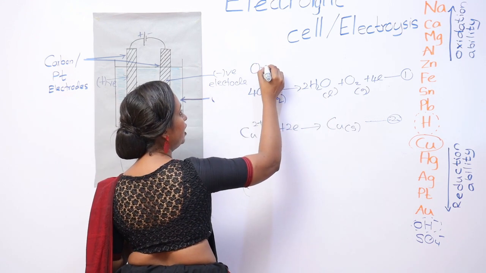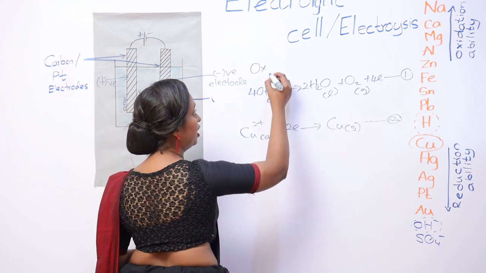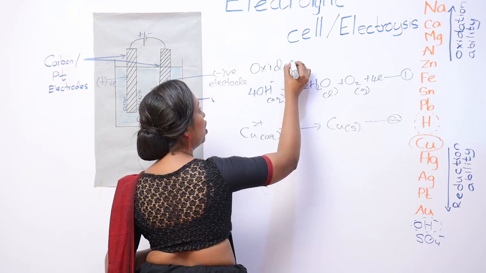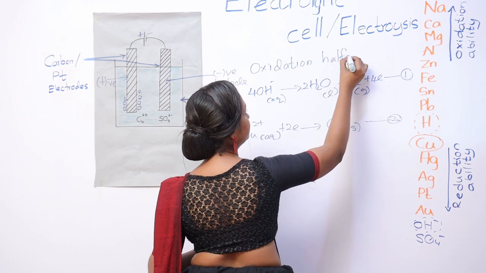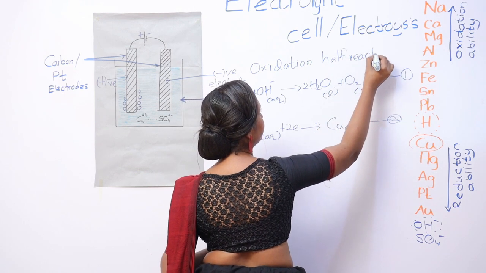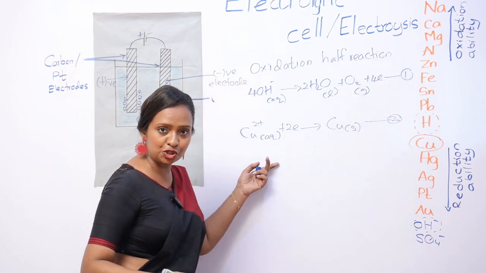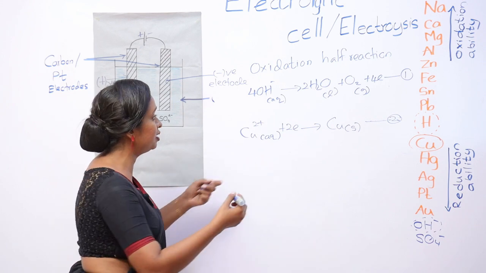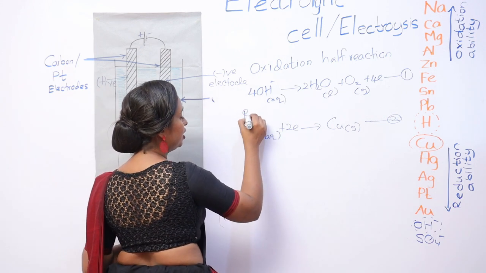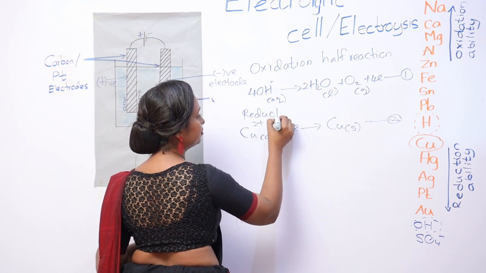Therefore we call it, removing electron is known as oxidation. Oxidation half reaction. Here copper 2 plus gaining electrons. Gaining means reduction. So this is the reduction half reaction.